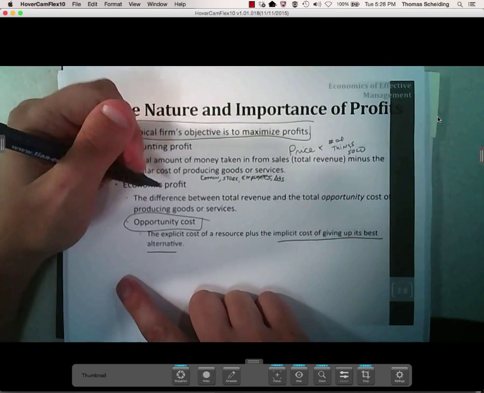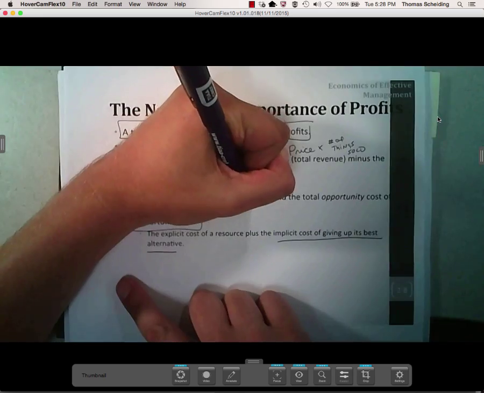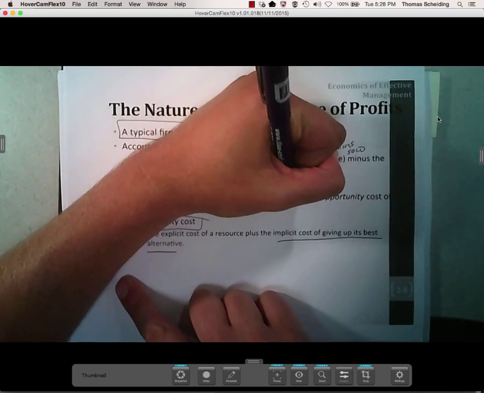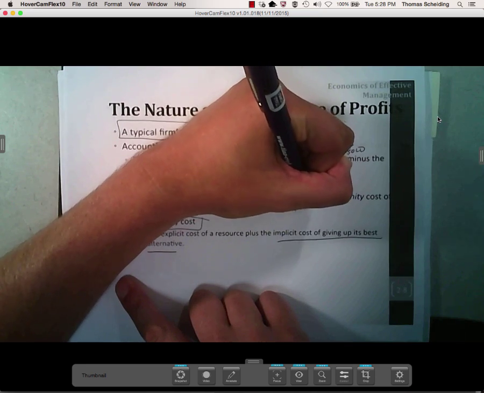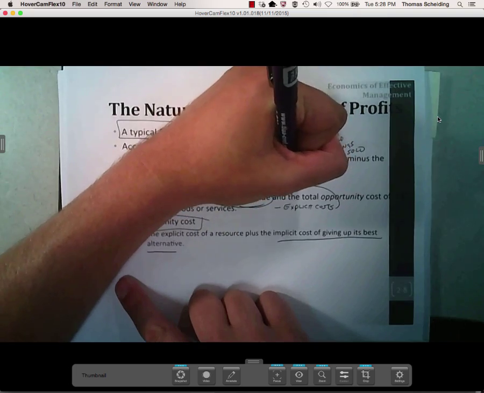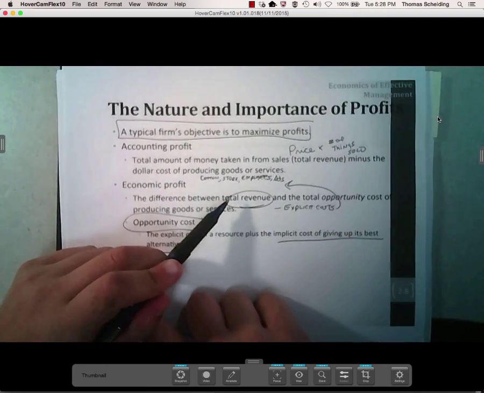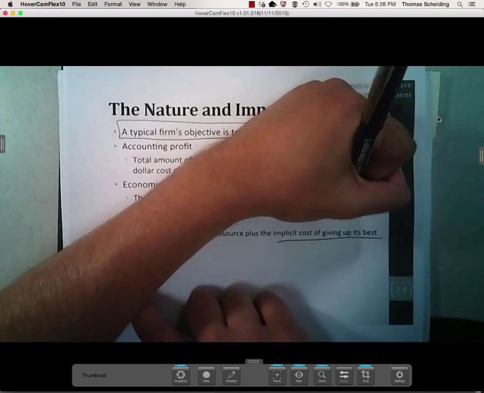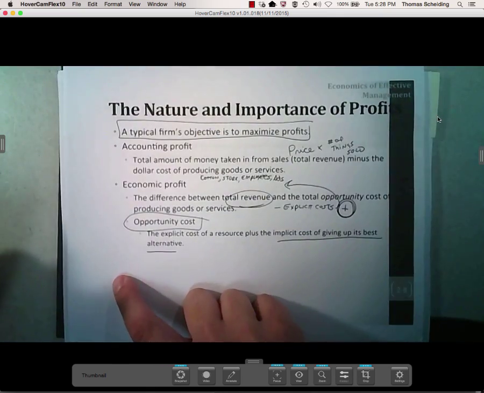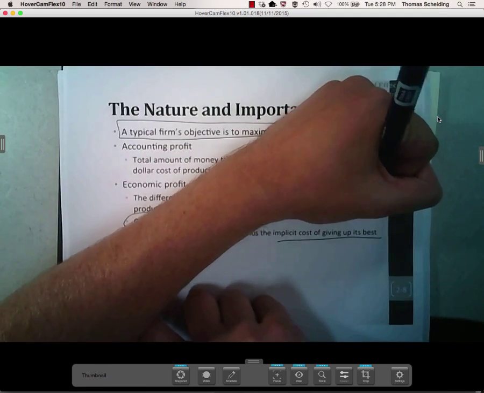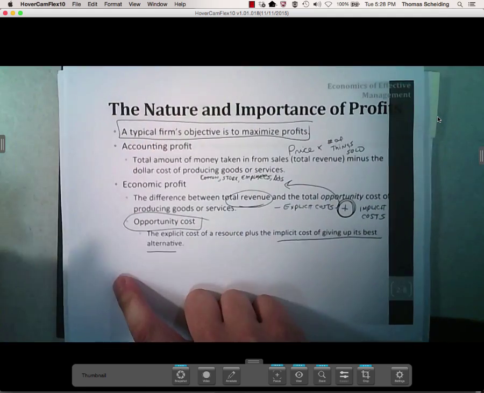Meaning, economic profit is still the total revenue, but now I'm subtracting the explicit costs, which I had identified right there, the cotton, the store, the employees, and the ads, plus the implicit costs.